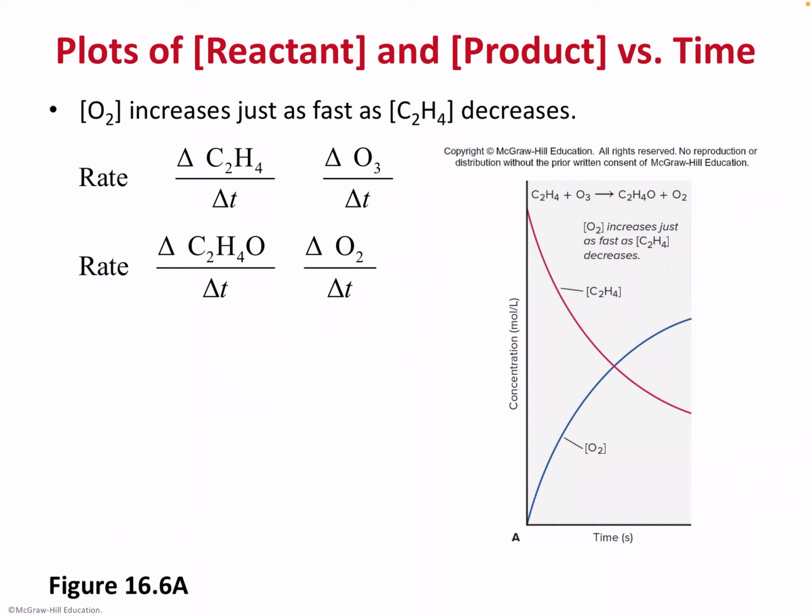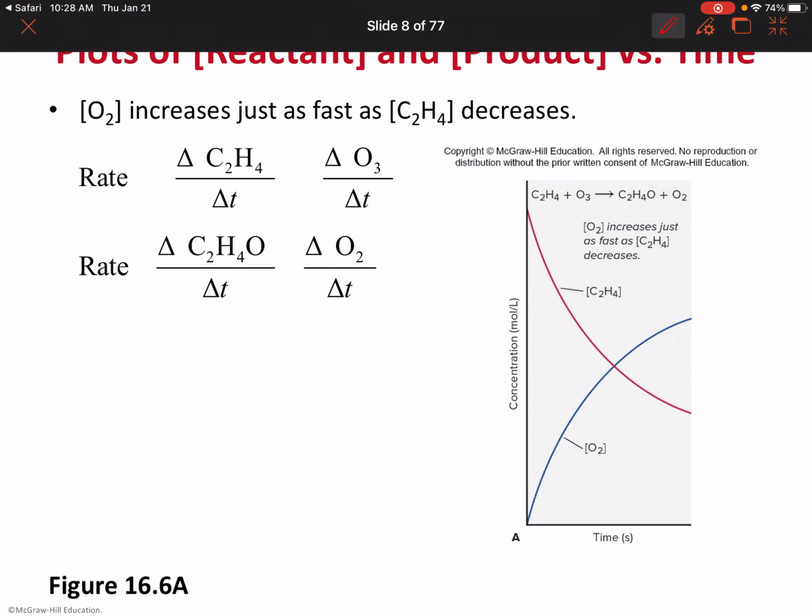Plots of reactants and product versus time. Now this plot shows us what is happening as the reaction proceeds. Let's say we have this reaction over here: C2H4 plus ozone giving us C2H4O plus oxygen. So ethylene and ozone are our reactants.